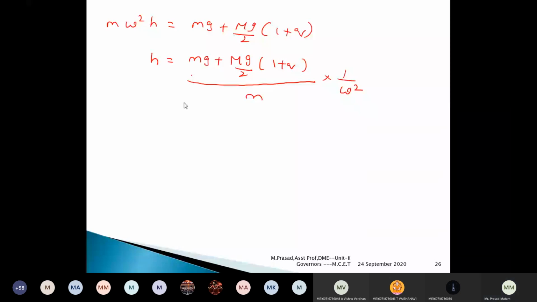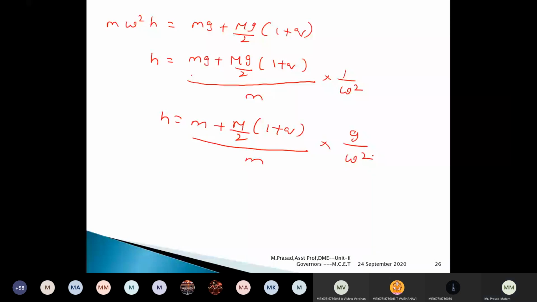Okay. So this is the equation we are getting. Now you can do one thing. Take g outside. H is equals to m plus M by 2 into 1 plus q by m into g by omega square.